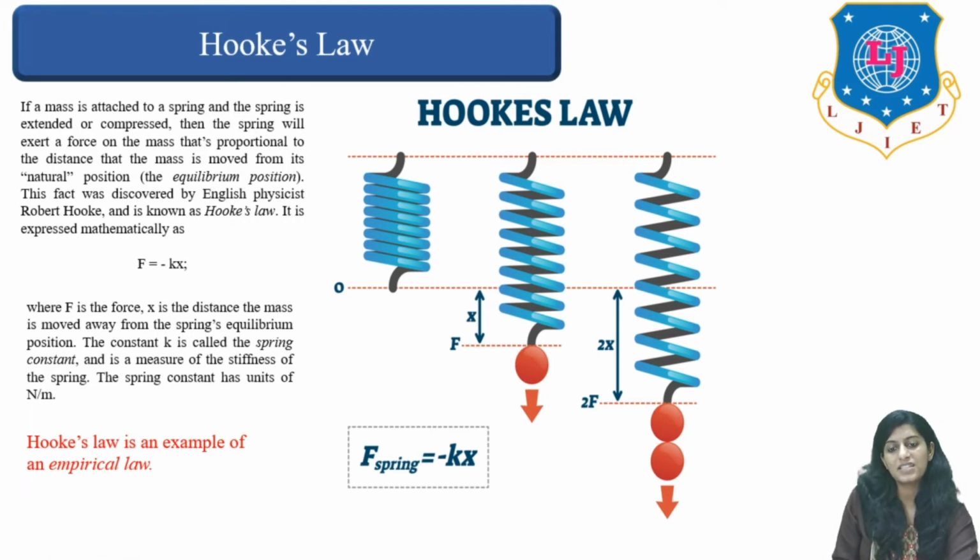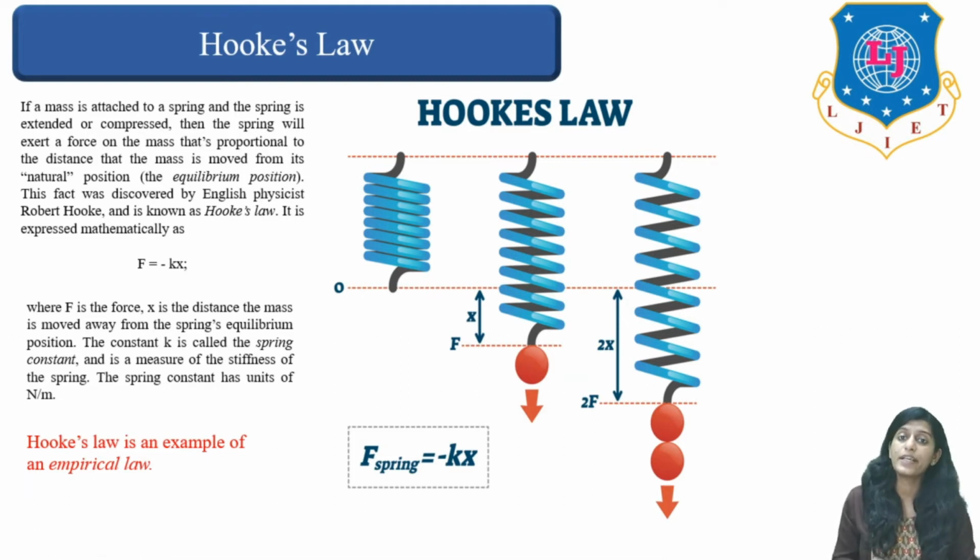This was the equilibrium position and this is the new position after displacement, right? So x is the distance. So F is equal to minus k x. What is k? K is nothing but our spring constant.